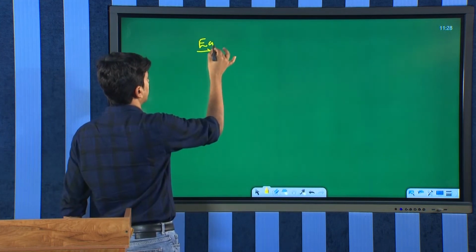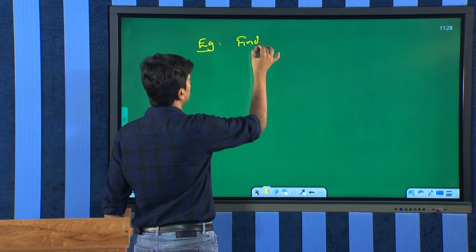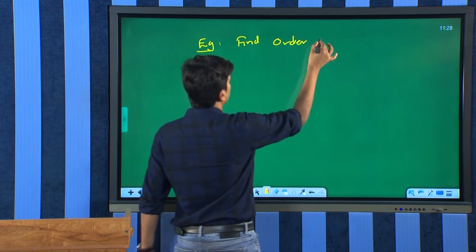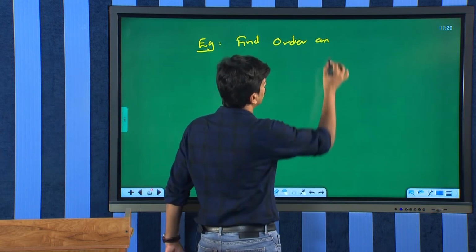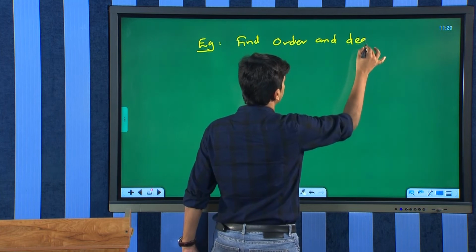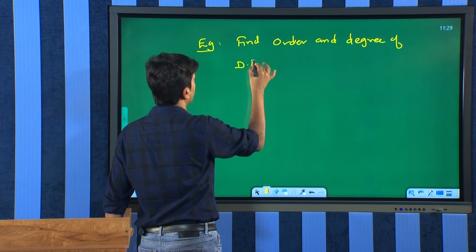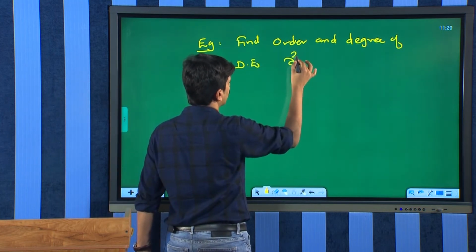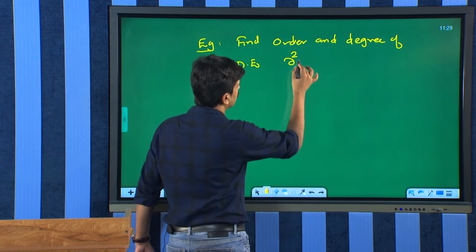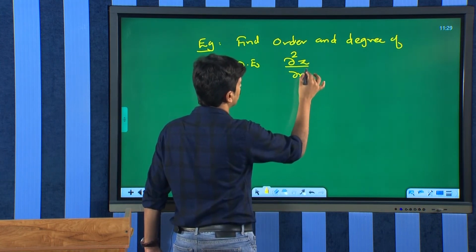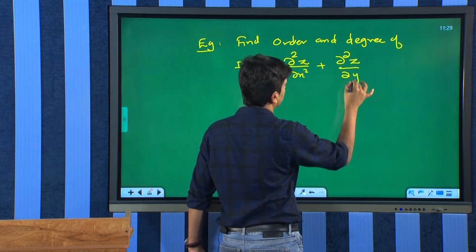In example 3, find the order and degree of the differential equation: dou square z by dou x square plus dou square z by dou y square is equal to 0.